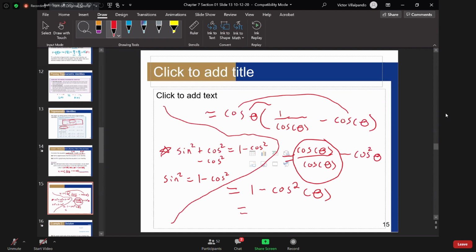This is a little side note, because look at this. We have 1 minus cosine squared of theta. I know I didn't write theta on the left hand side there. But if 1 minus cosine squared equals sine squared, can I just write sine squared next? And do you see how now we approach the right hand side?